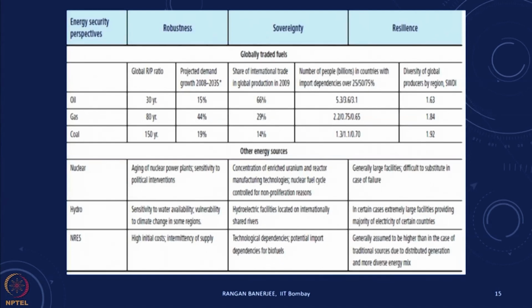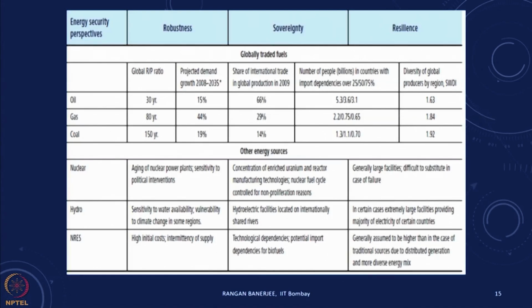we talked about these three pillars: the robustness, the sovereignty, and the resilience. And in looking at this, you can see what kind of supply do we have. A large proportion of the fuel, oil and gas, is globally traded, and this obviously will contribute to the problems of security for many of these countries.